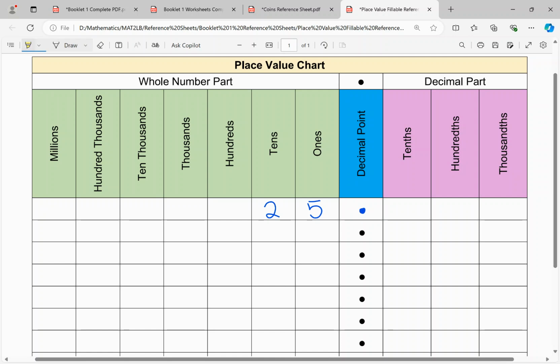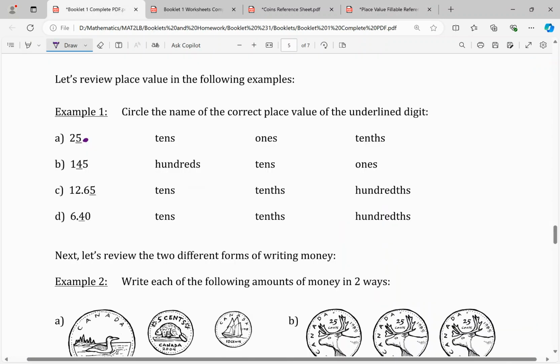So 25 is the number. They ask us to find the place value of the 5. Using this chart, we can see that that is just in the ones spot because the 5 falls in the ones column. So we're going to go here and we're just going to circle ones.